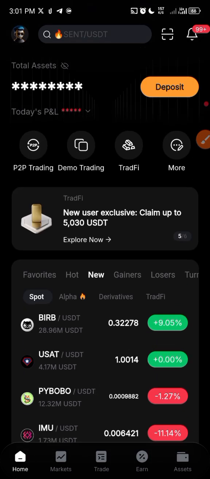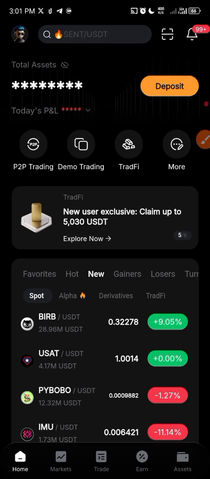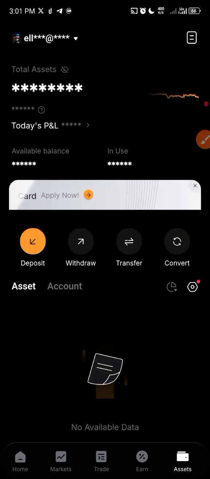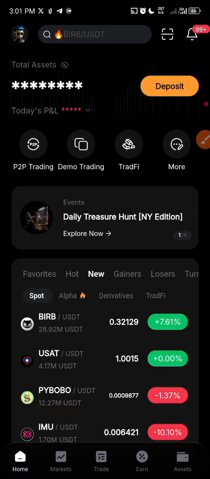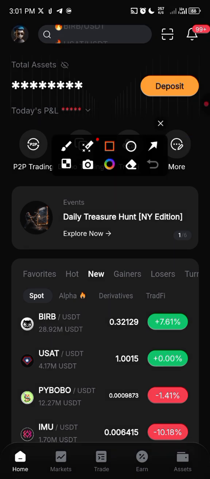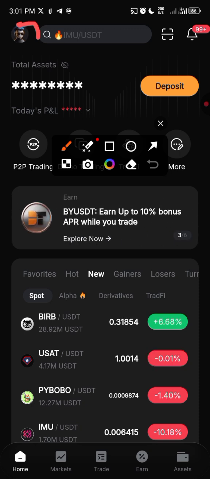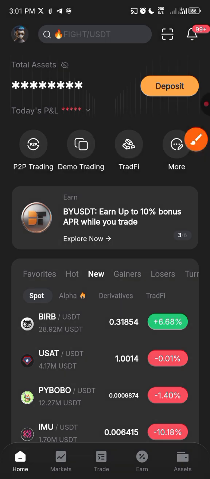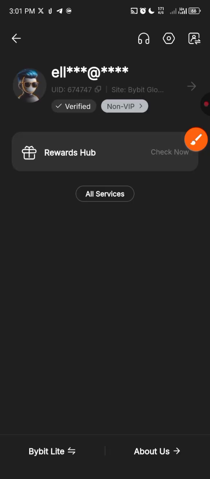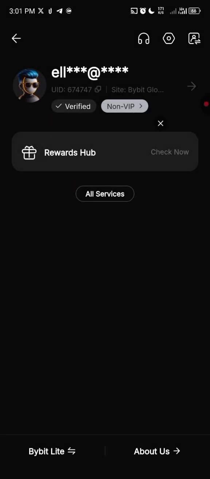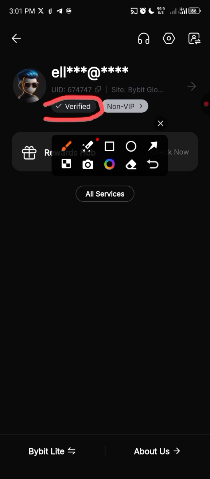Now, when you log into the app like this, make sure that your account is verified and at least on standard. So if I come to my account like this and click on this place right here, you will see that my account is verified and at least on standard. You can see it verified.